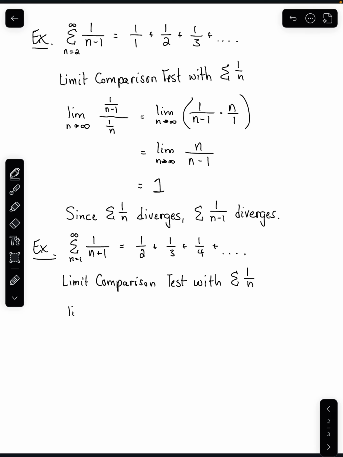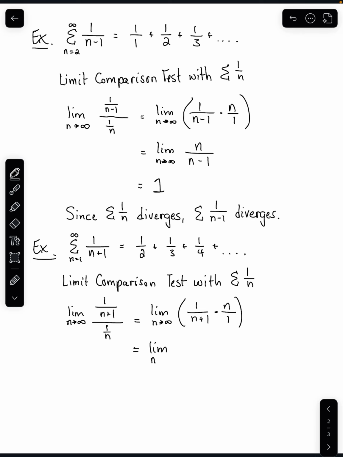So we again are going to have the limit as n approaches infinity of our original series over our comparison series, where, just like before, we can rewrite this as the fraction in the numerator times the reciprocal of the fraction in the denominator.